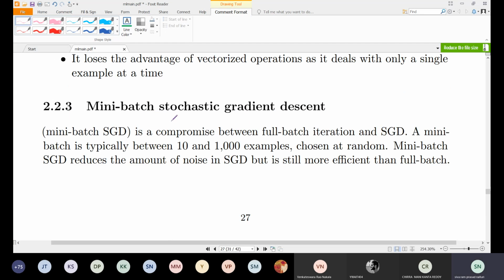It is mini batch stochastic gradient descent. It has the advantages of both batch gradient descent as well as stochastic gradient descent. And typically the batch size varies from 10 to 1000 examples.